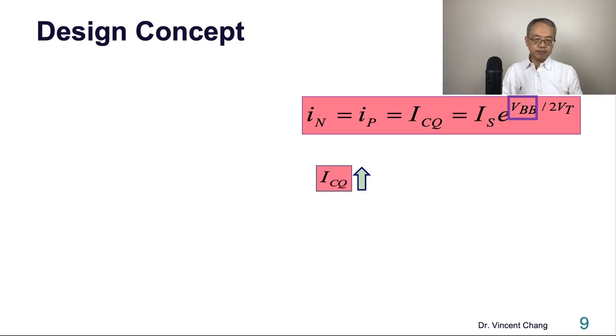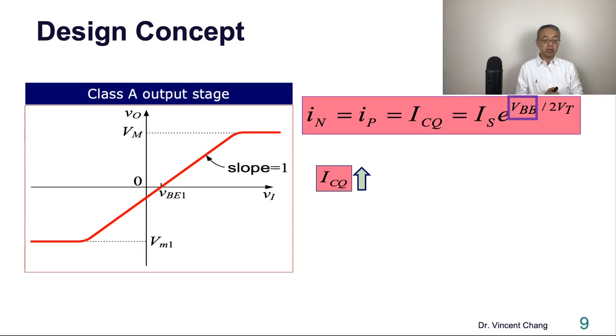ICQ can go up. If ICQ is selected to be higher, then what? Maybe pause a little and quickly draw a Class AB waveform, and Class A. Remember in the Class AB waveform, there's the ICQ.